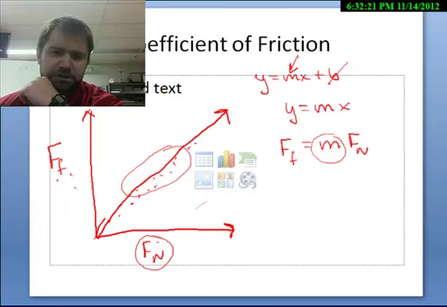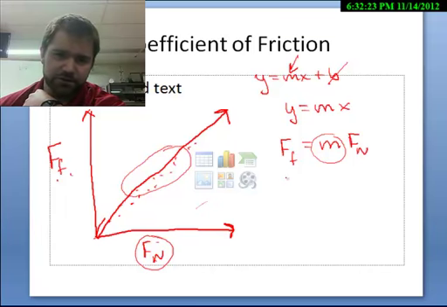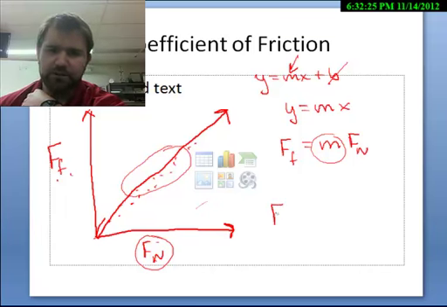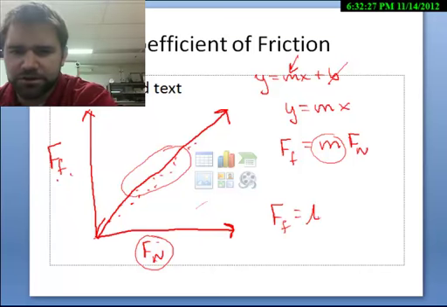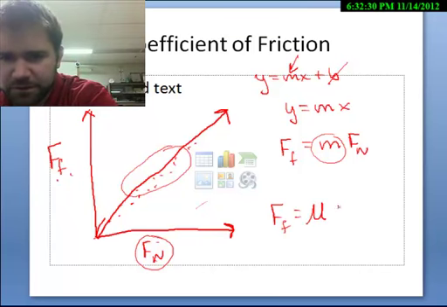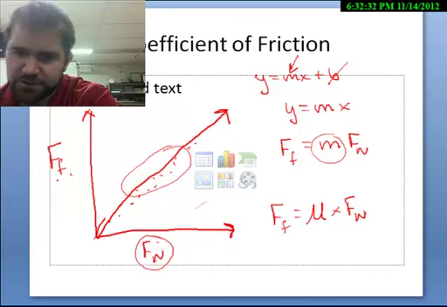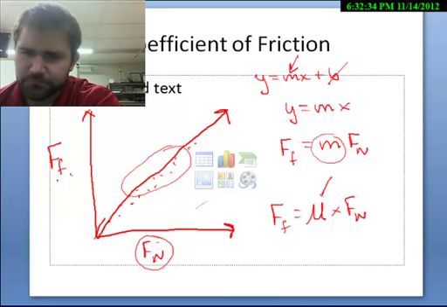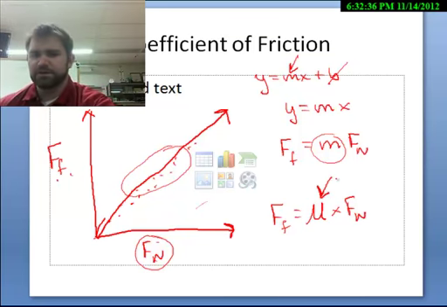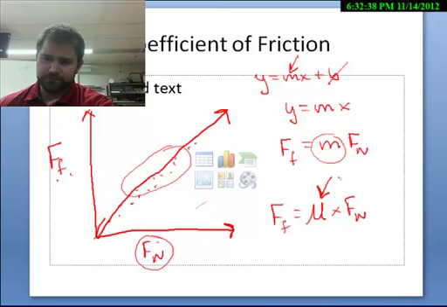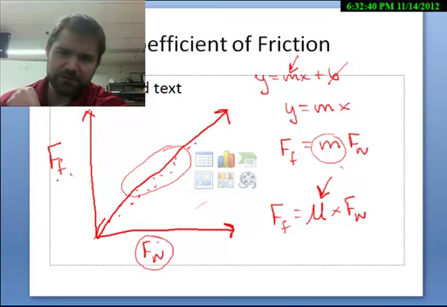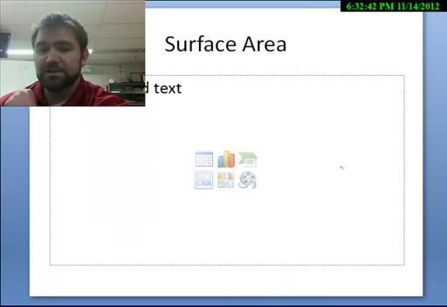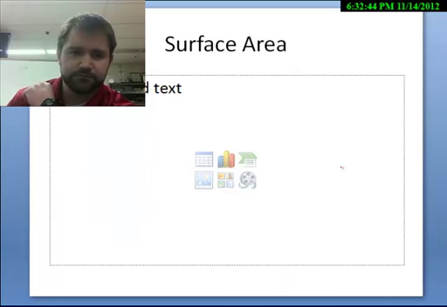So our coefficient of friction is basically the slope of a line that shows the relationship between the frictional force and the normal force. And we write that equation like this. Force of friction is equal to the coefficient of friction, which is this mu symbol, times the normal force between two objects. And again, this coefficient is unitless, and it's different for any two surfaces that are together.